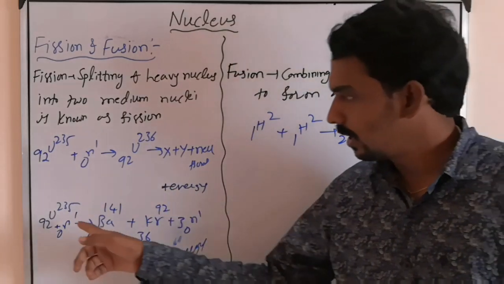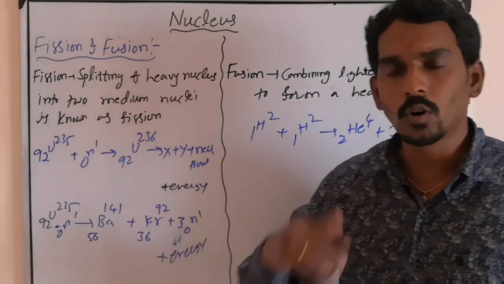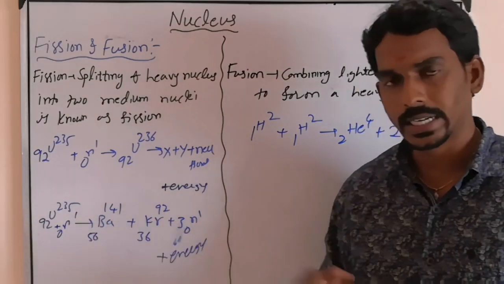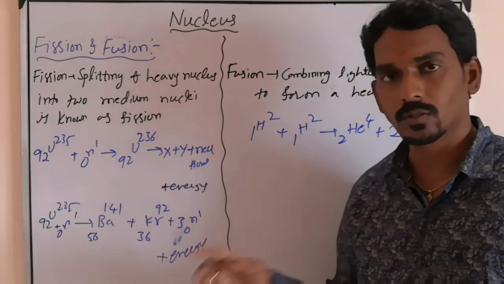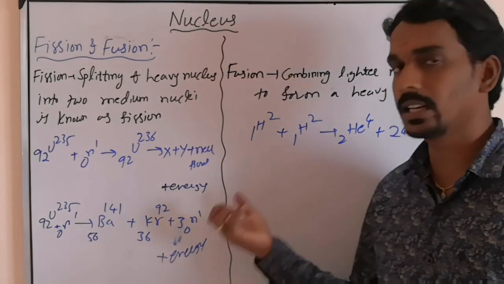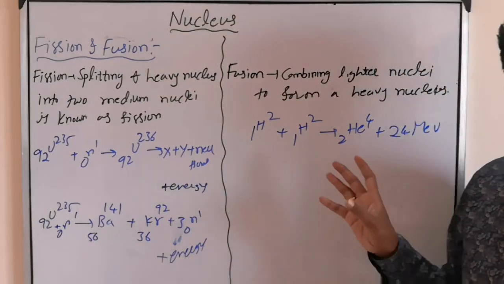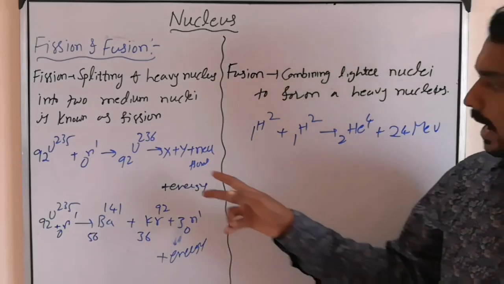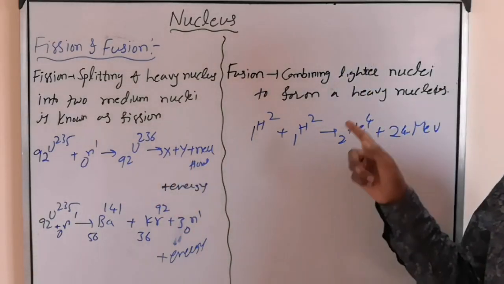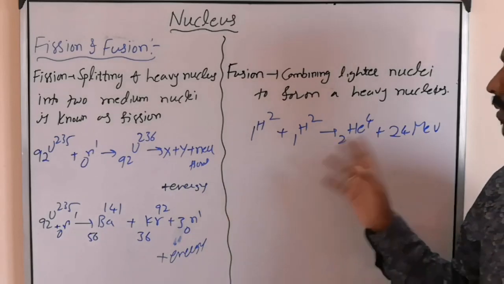Similarly here, one very heavy, most unstable radioactive element divides and becomes stable, so binding energy increases and energy is released. In both processes some energy is released. This we call fission, and this we call fusion.